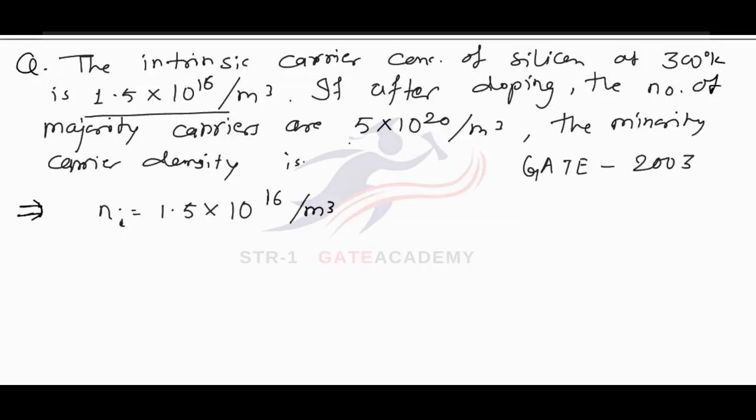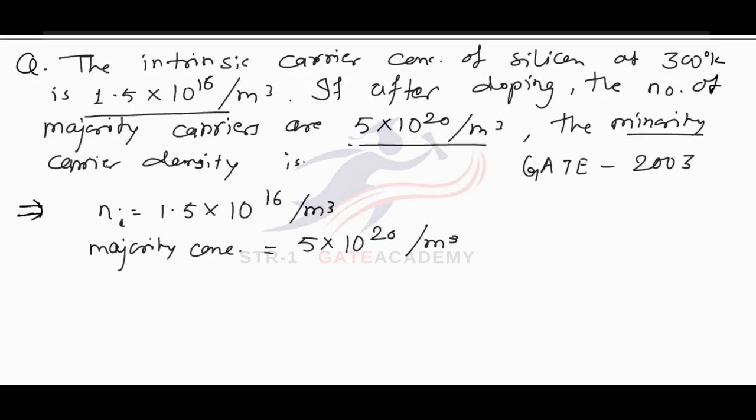If the semiconductor is doped, the majority carrier concentration is given as 5 into 10 raised to power 20, and we are asked to calculate the minority carrier density.